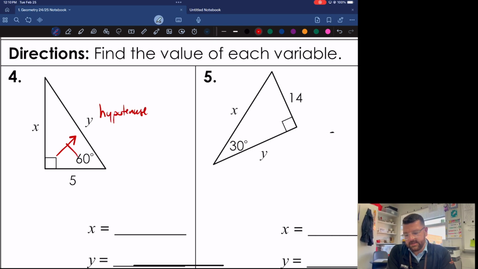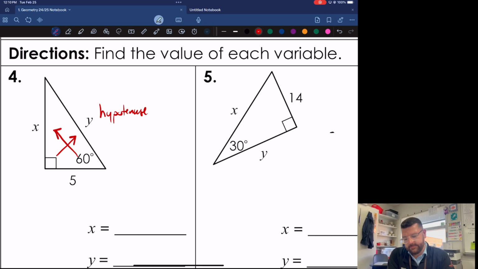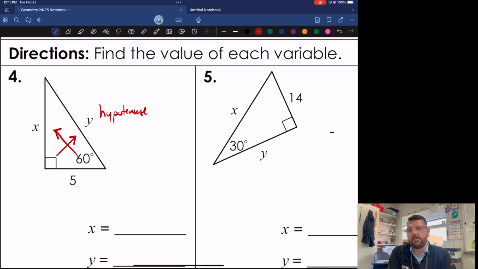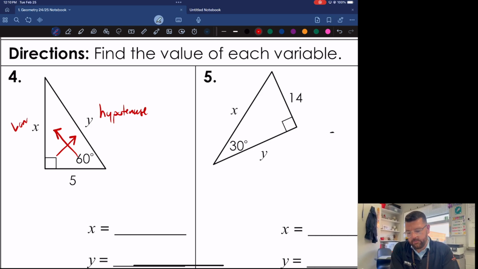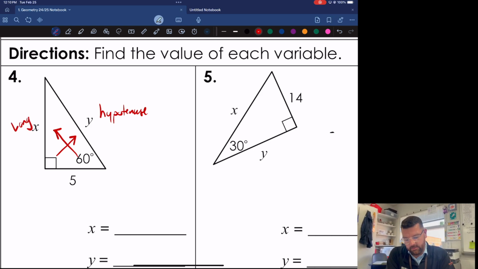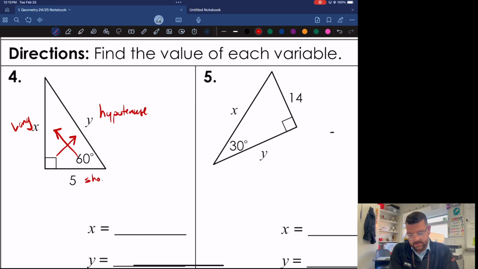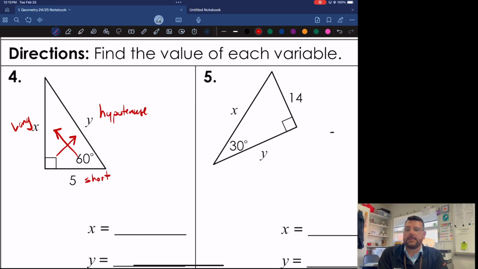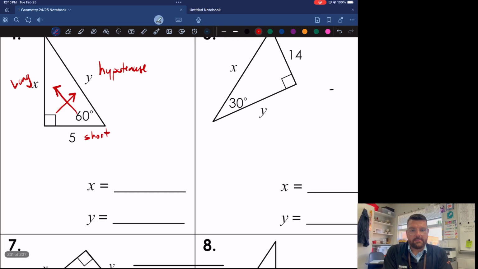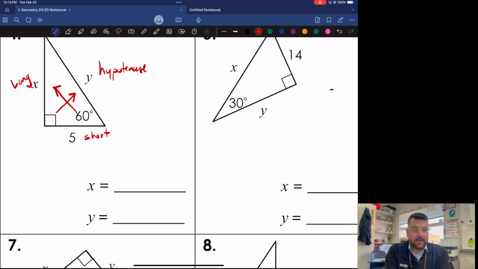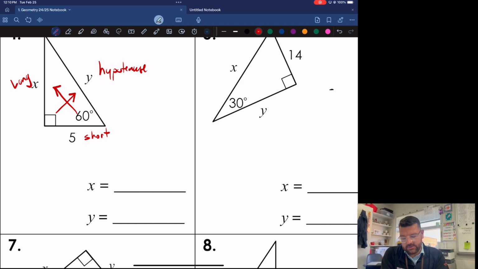What side is opposite the 60? Short or long? The long side, which leaves the only other side to label as the short side. X is the long side. The long side can be found by taking the short side.